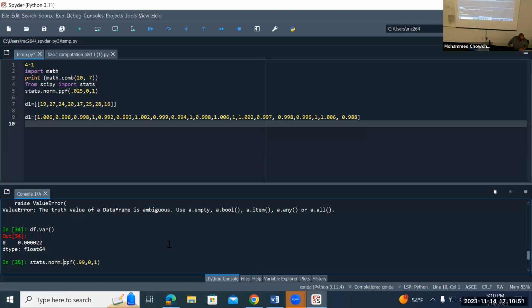I hope it should be chi2, and then it should be 0.025, and then it should be 19, and hit enter.